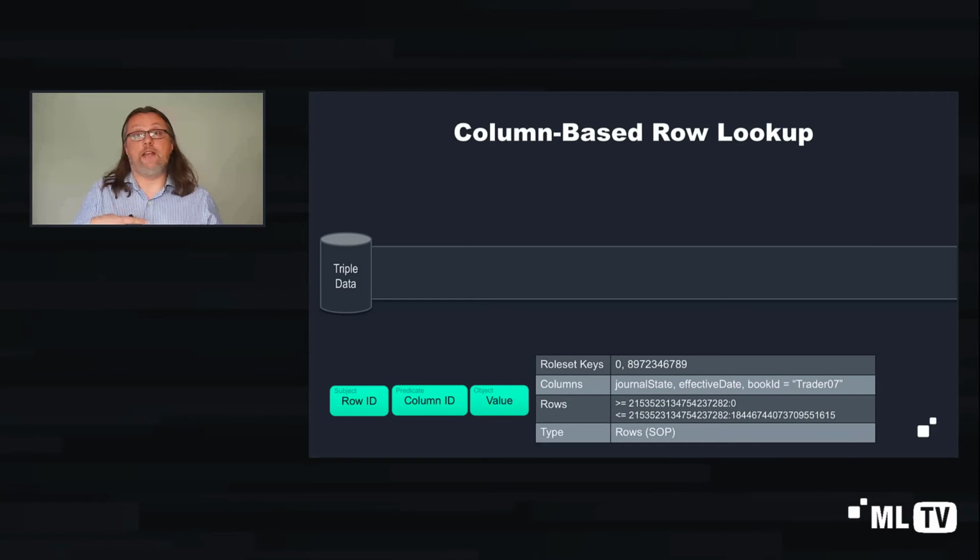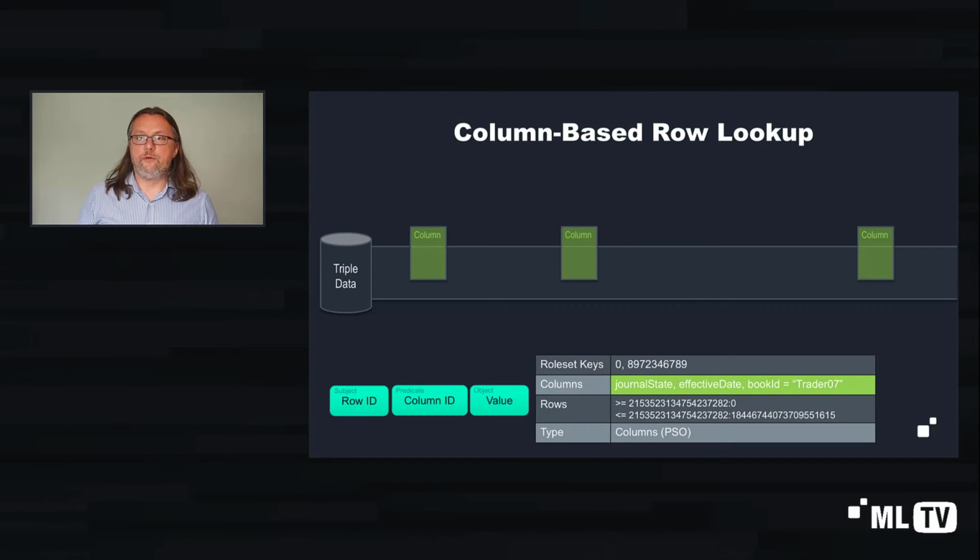Another way to access rows that the row accessor supports is a column-based or column-oriented row lookup. In this case, we use a different permutation. So this is a PSO permutation. So P being the column ID means every value for that column is together in the triple index.